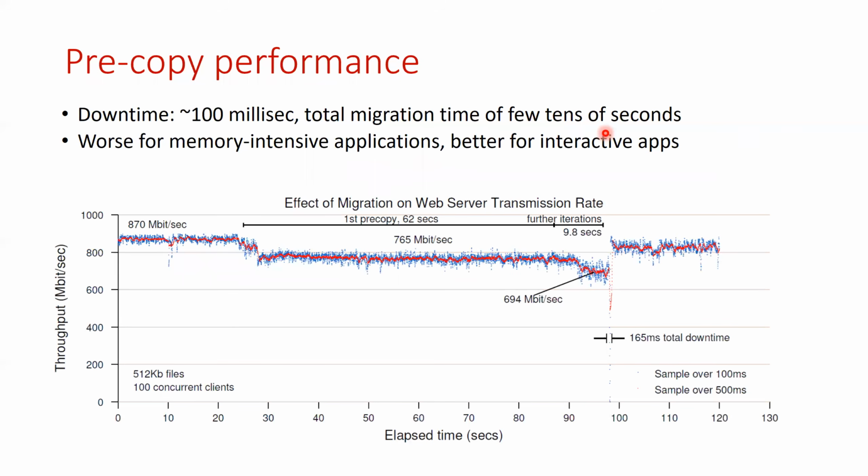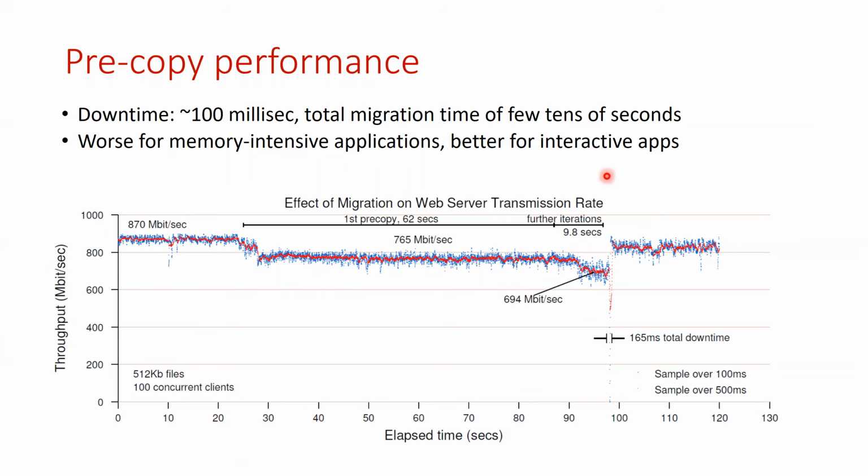So here is an experiment from the paper where they have a web server that is running and it's being migrated. Around this time is where you see the migration starts. On the y-axis, they plot the throughput, the performance of the web server, right? So the web server is initially giving you some throughput. Once the migration starts, the performance is slightly affected, right? During the various pre-copy stages, you can see the performance slightly dips.